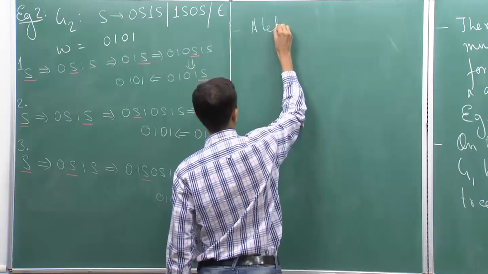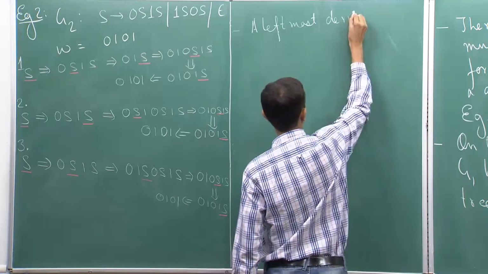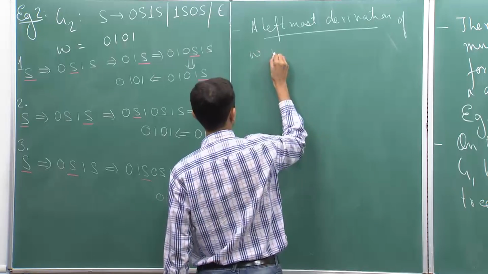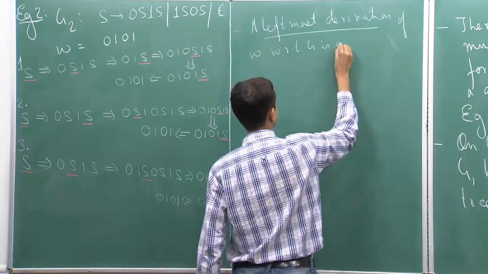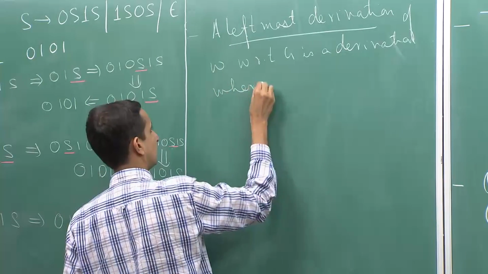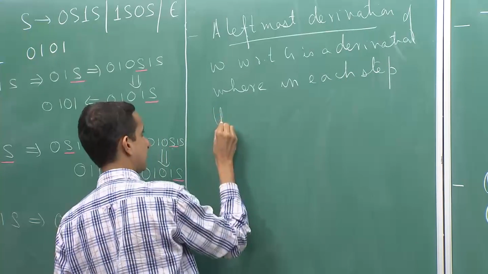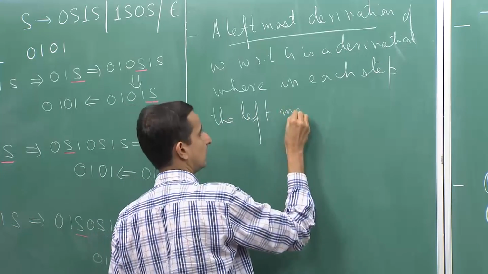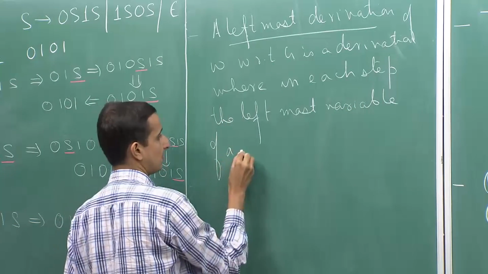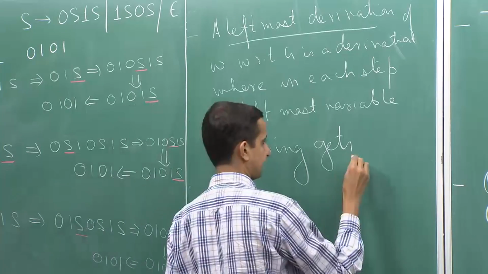A leftmost derivation of w with respect to G is a derivation where in each step the leftmost variable of a string gets replaced.